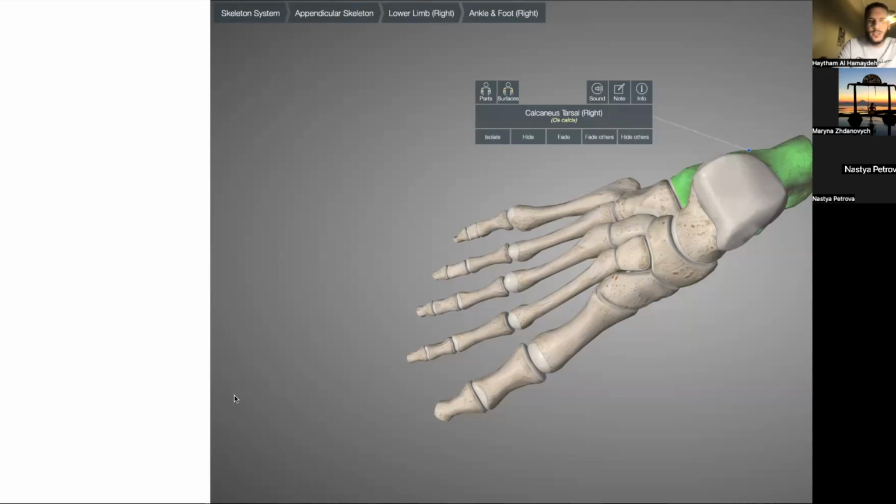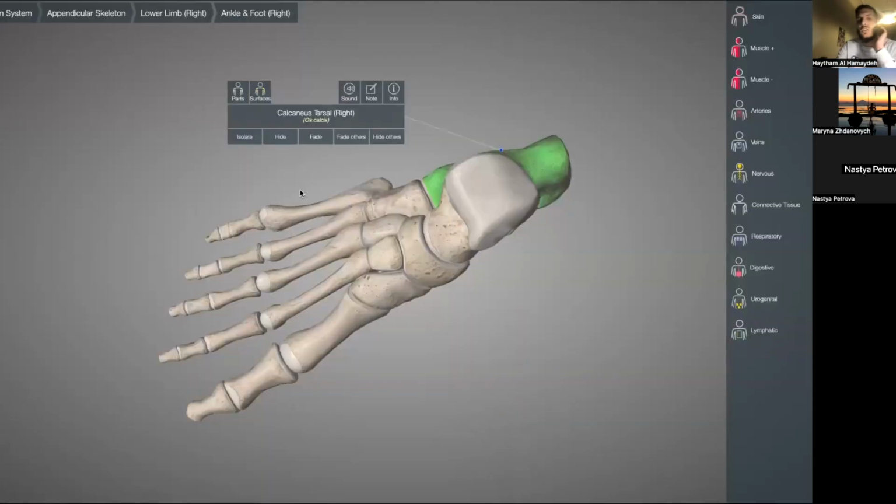Joints between proximal and middle phalanges. Yes, it is an interphalangeal joint. Good point, Marina. These joints, yes, interphalangeal joints. Okay, so yes, these are interphalangeal joints.